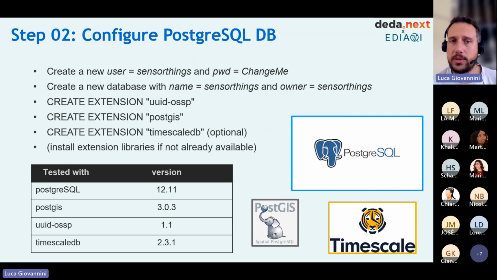And the third one, as I was mentioning, timescale.db, adds functionalities and optimizations to handle data where time is a predominant dimension. So it basically optimizes data reading and writing and aggregation for time series data.